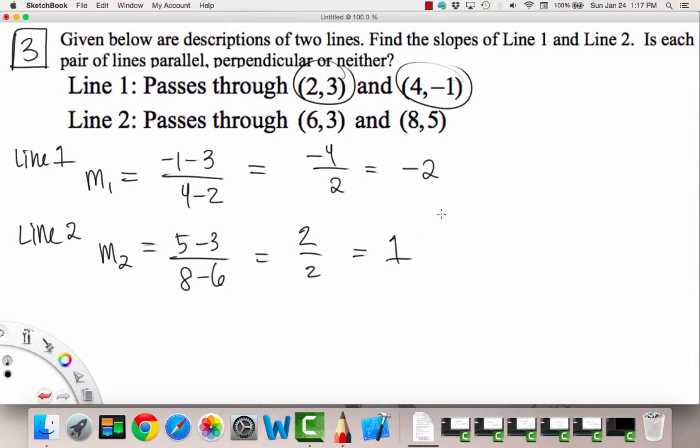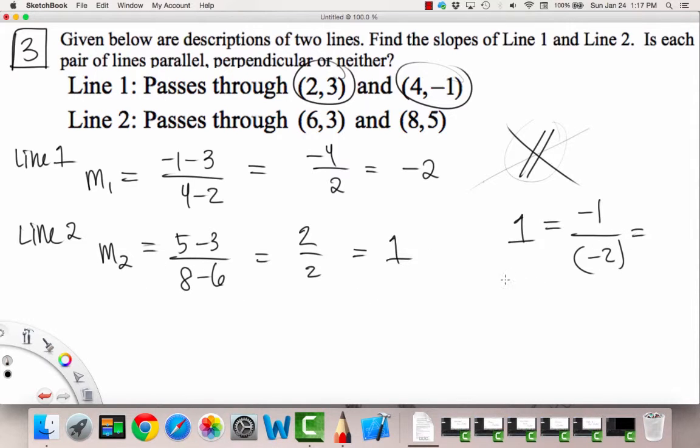So these are definitely not equal, so that means they are not parallel. Okay, let's see if one is the negative reciprocal of the other. It doesn't look like it, so let's just try. Is 1 equal to the negative reciprocal of this? That would be a no, right?